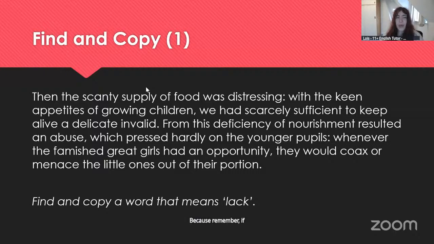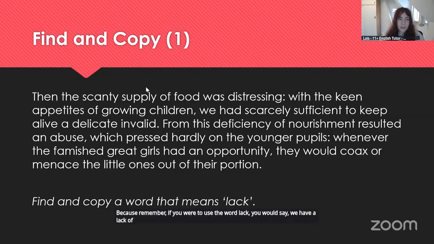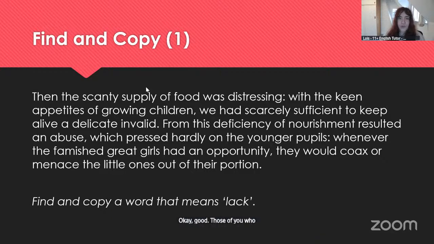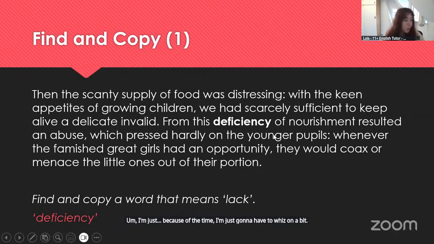Because remember, if you were to use the word lack, you would say, we have a lack of supplies or something like that. Okay, good. I can see a few of you have got it. Because of the time, I'm just going to have to whiz on a bit. Deficiency is the word. If you identified the word deficiency, you were correct. This deficiency of nourishment, this lack of nourishment, so a lack of food.